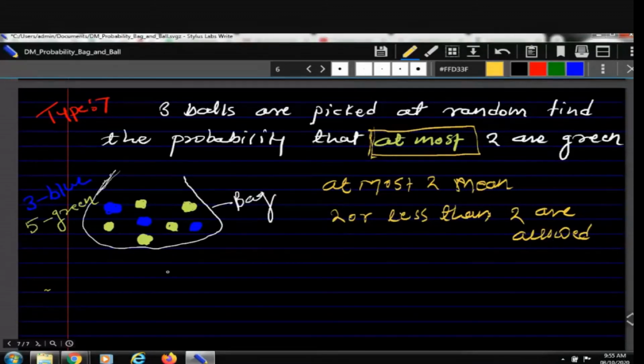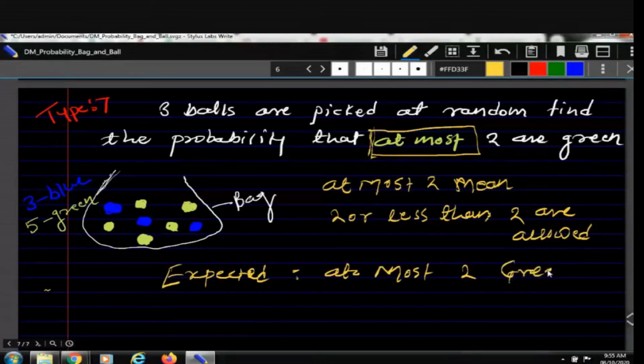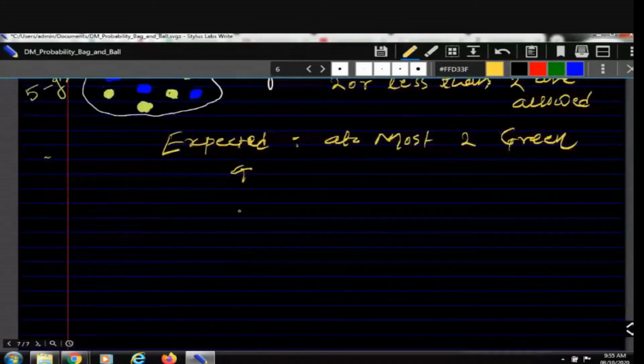Okay, so let us write expected here. Expected is at most two green. Okay, so let us write all the possibilities of green and blue.